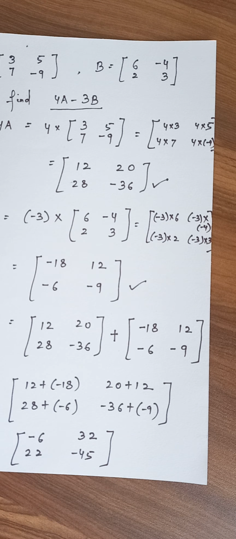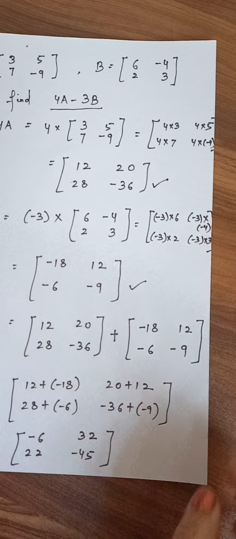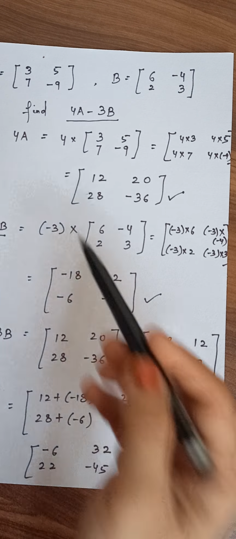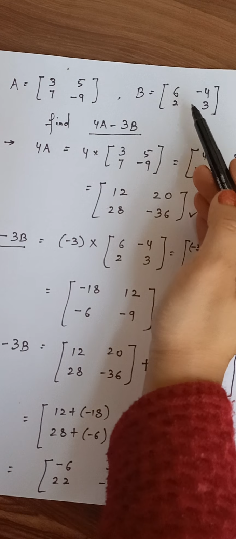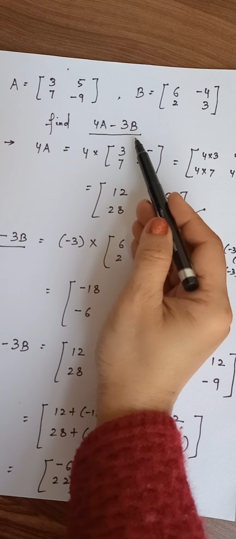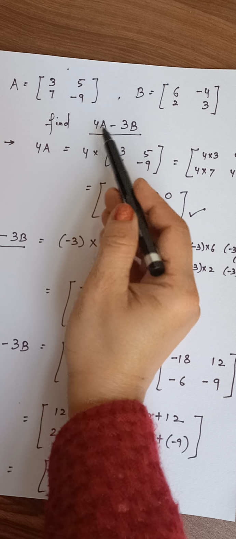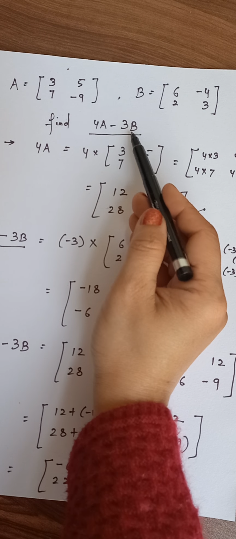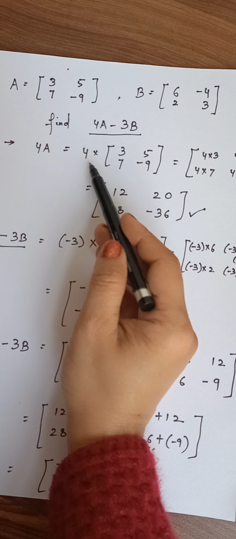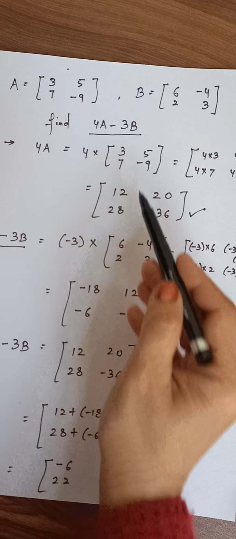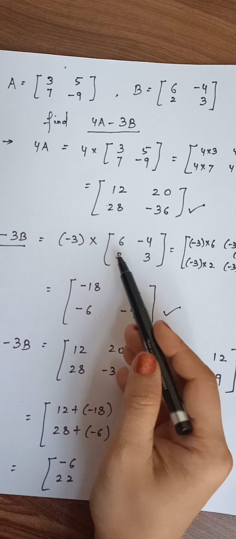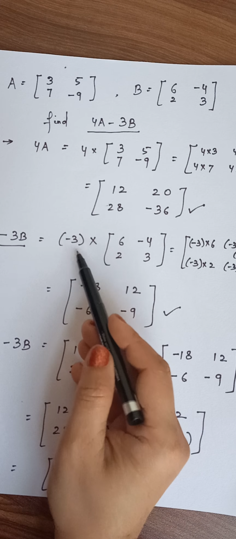I'm just repeating once again that in this process you are provided with some values of A and B, and you have to find the value of 4A minus 3B. So first find the value of 4A and then find the value of minus 3B. For 4A we multiply each and every element of A with 4, and for minus 3B you multiply each and every element of matrix B with minus 3.